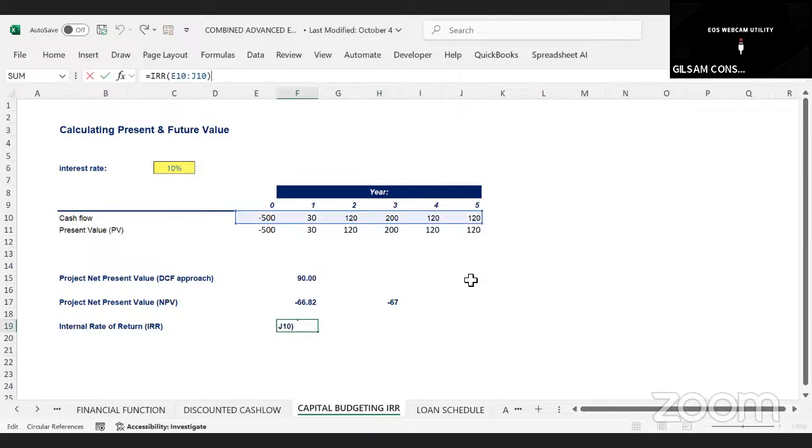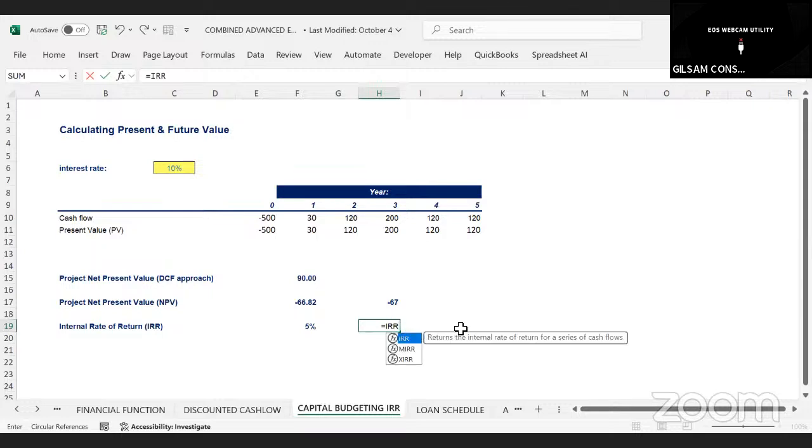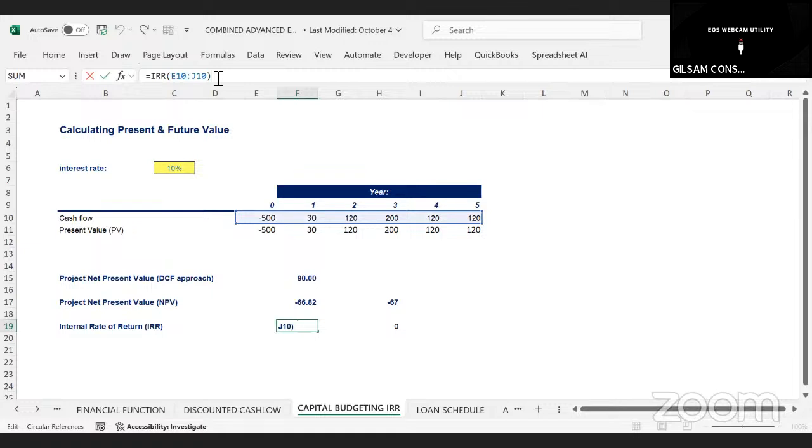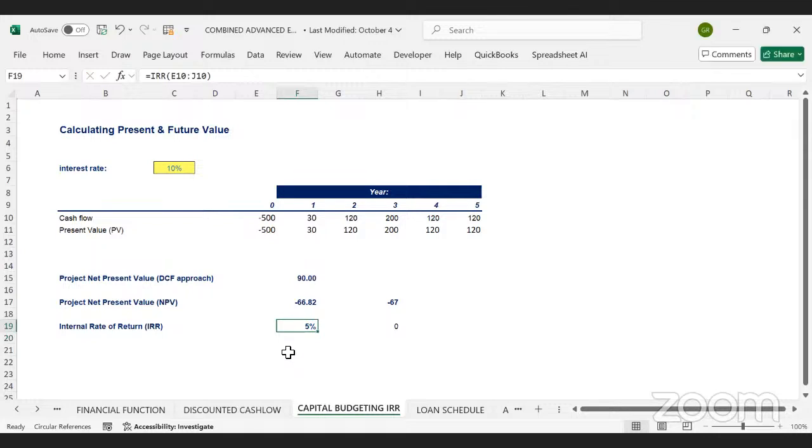So internal rate of return, you just put the net cash flows or the cash outflows, and then you just put equals IRR, and then itakuuliza the values. So you can select all these values, you will get your internal rate of return here. Hii mbona imenipea 0 na hii imenipea 5? That is E10 to J10. Maybe Excel yangu iko na shida hapo.